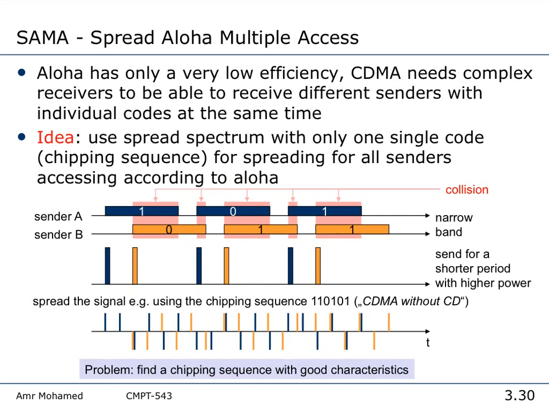But here, of course, because Aloha has low efficiency, in the sense that if two nodes are sending at the same time, a collision will happen, and the collision reduces the efficiency of the transmission. So what happens is that the nodes themselves use one single CDMA key.